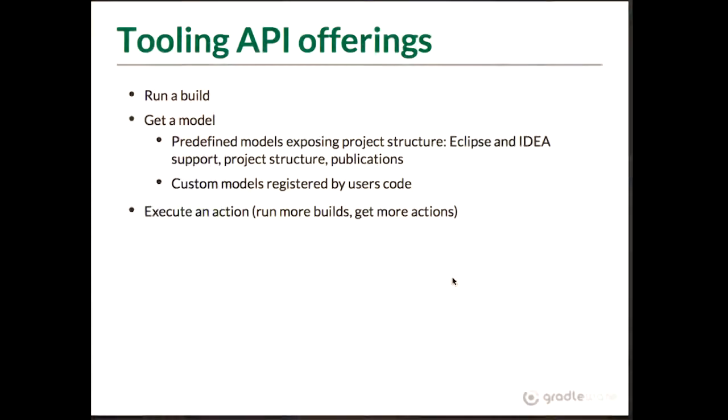Okay, the third one, execute an action. It's a little bit special, and basically, I believe this was added as a way you can collapse several requests into one action that will be run in that Gradle daemon and do something.